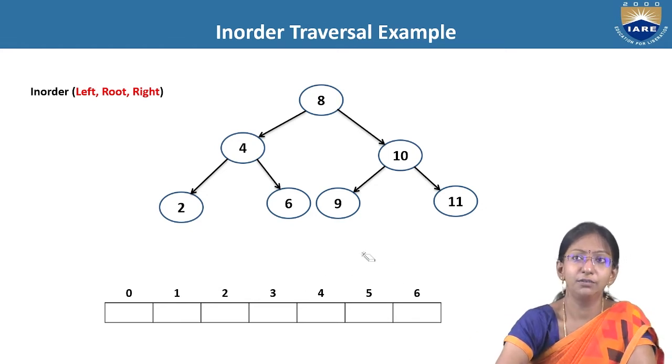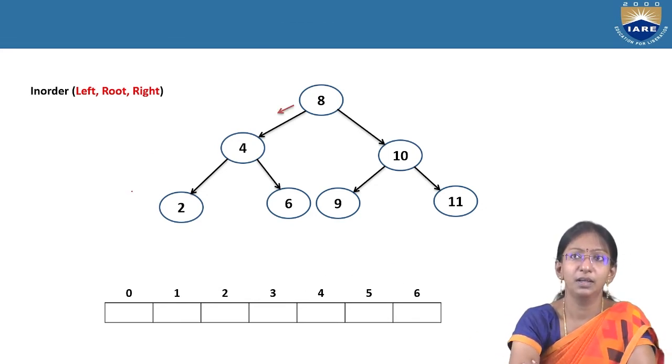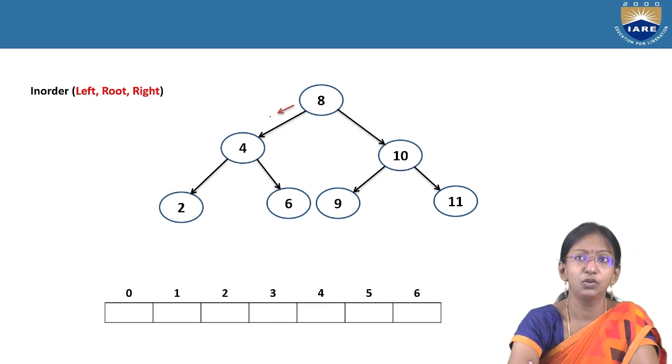Starting from the root node, in-order tells us to travel in the leftward direction. So from the root, take the path towards the left. As you take the path towards left, you are going to encounter 4.